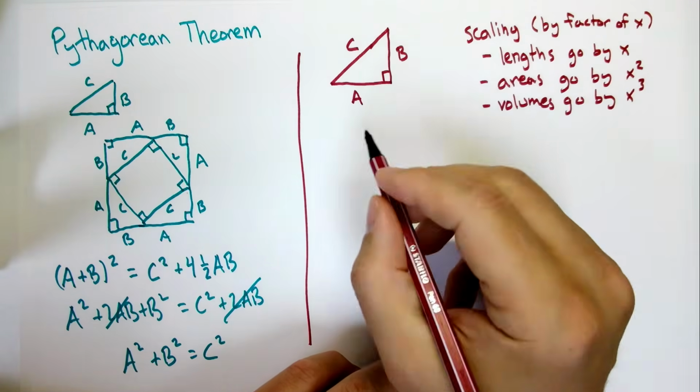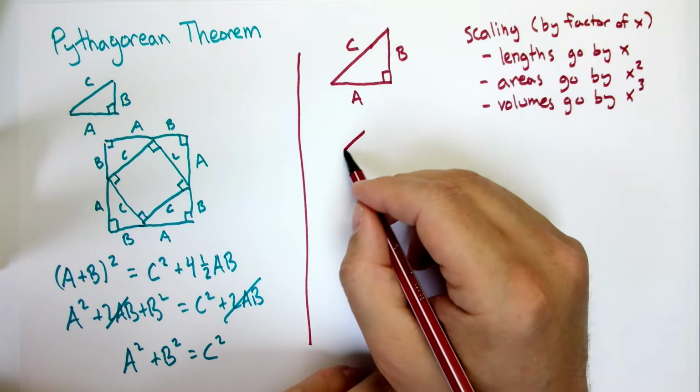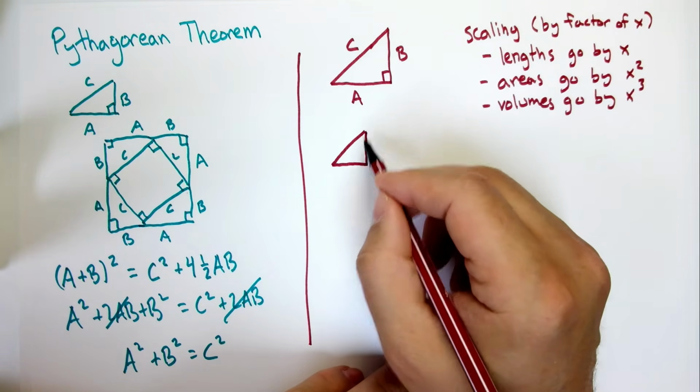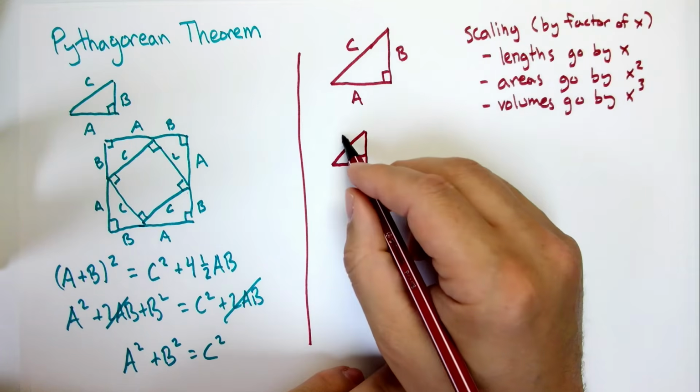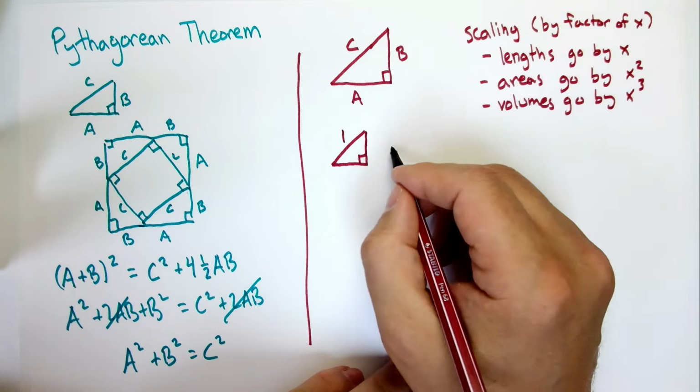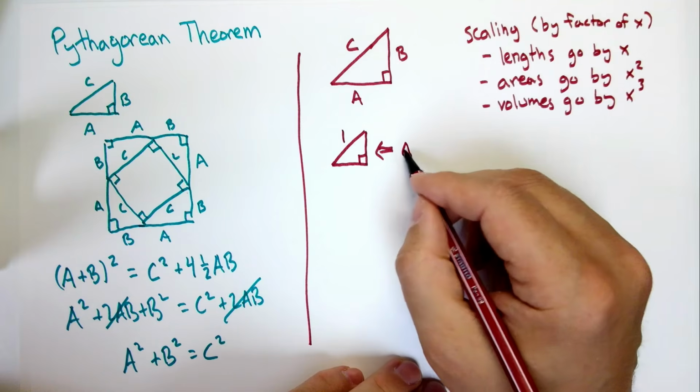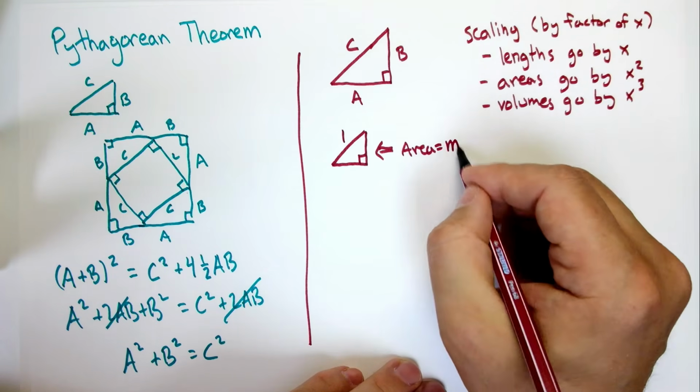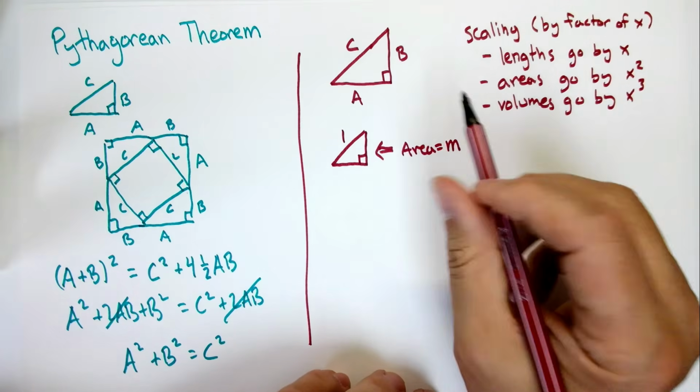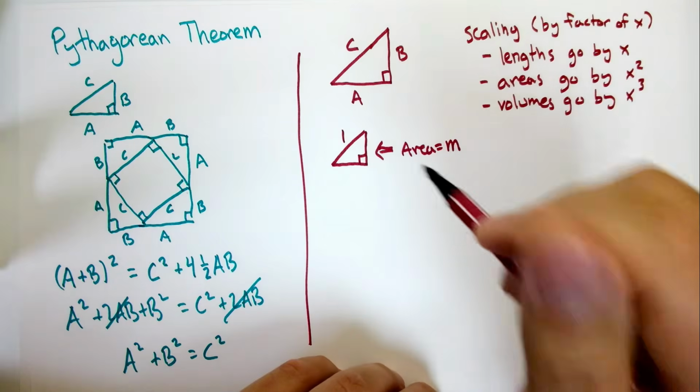So what can we do? We're going to make 2 observations. First off, let's scale it down. So this is a similar triangle, but this has hypotenuse 1. And let's call this area M. Well, we're almost there.